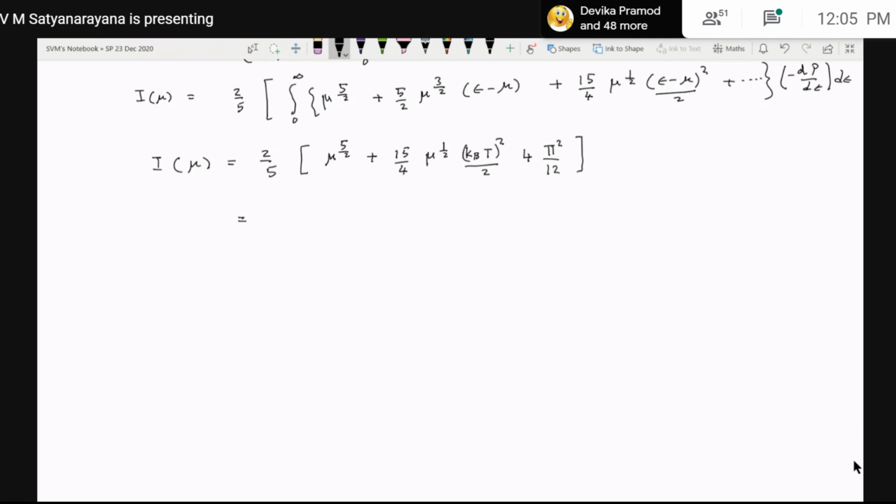So that is equal to 2 by 5 into mu to the power 5 by 2 plus 15 by 2 pi square into mu to the power half into kbT square.